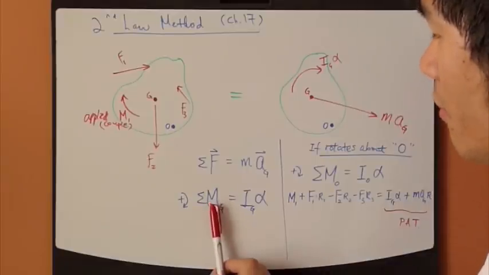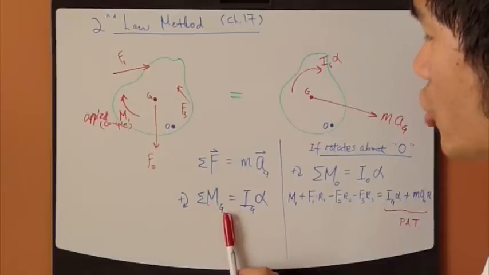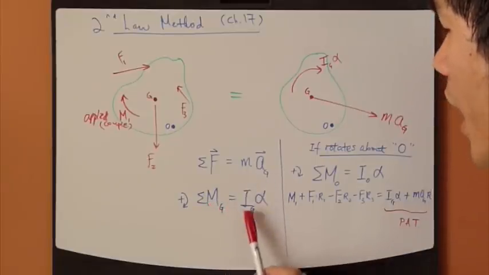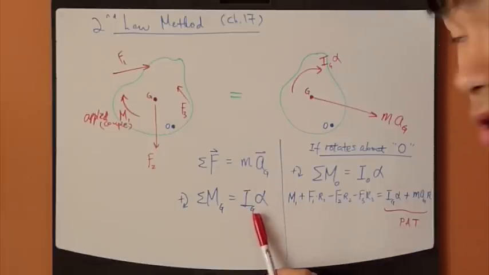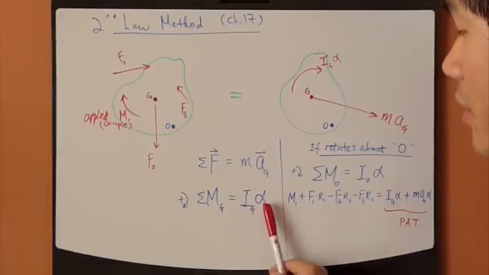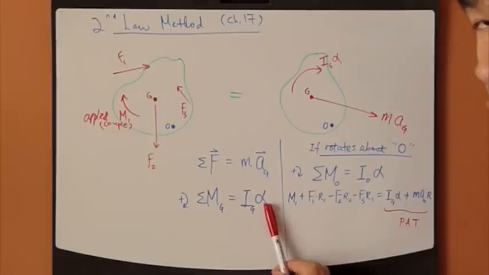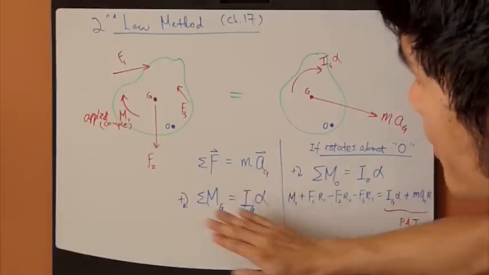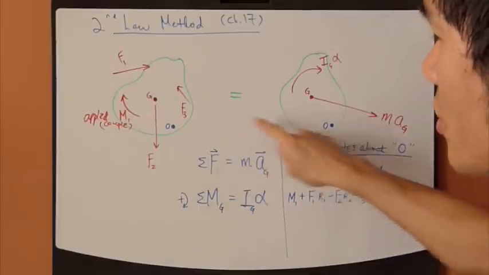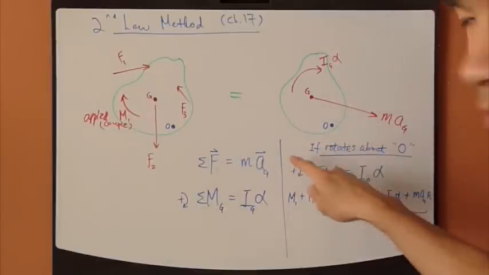So sum of moments about point G equals I alpha: the mass moment of inertia about point G, about the center of gravity, times angular acceleration. That's all. So this second equation is like the rotational counterpart to Newton's second law.